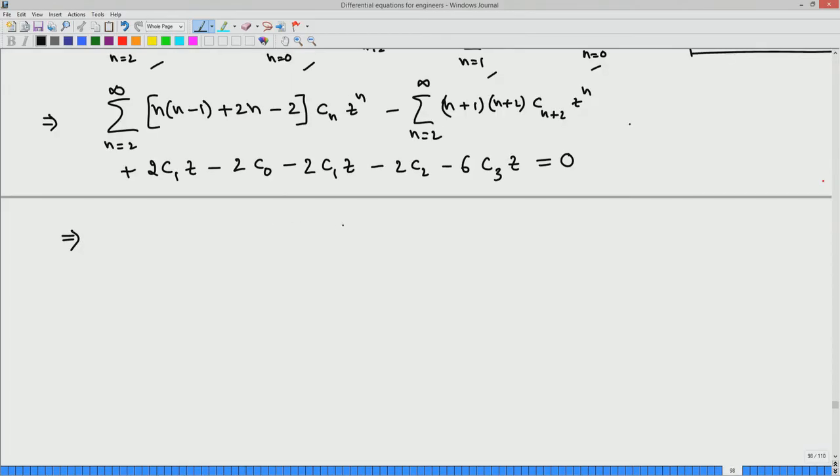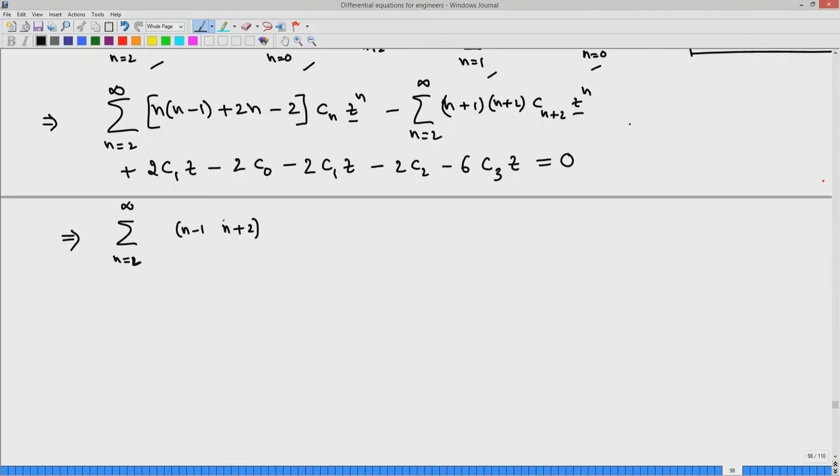Now, what happens? The left hand side is a power series. So, you can combine these two series because z power n is running from 2 to infinity in both, so it is common. So, you have n into n minus 1 plus 2 n minus 2. What is this? n minus 1 is common. What you have is n plus 2.